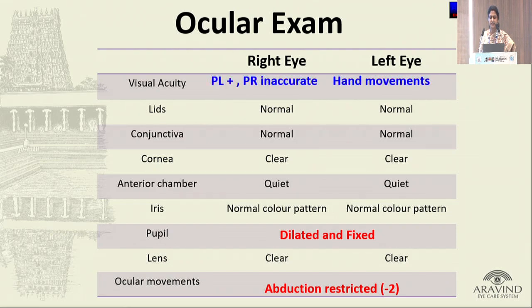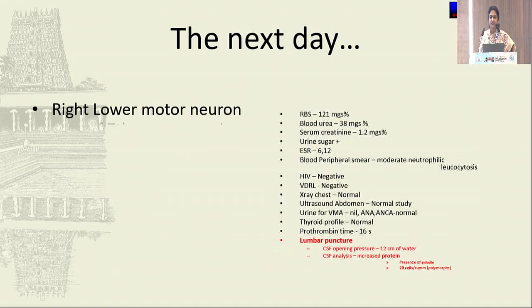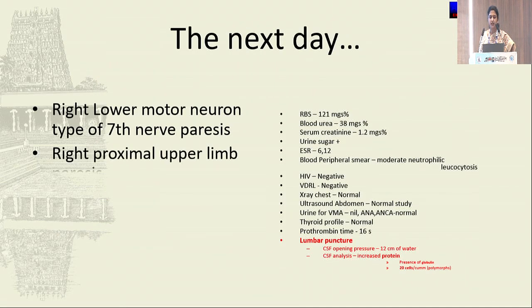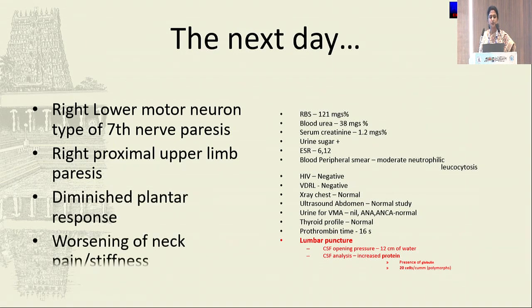Pupil was dilated and fixed, and there was movement restriction. Adduction was restricted. The next day, the patient had right lower motor neuron type of 7th nerve paresis, right proximal upper limb paresis, diminished plantar response, and worsening of the neck stiffness and pain.